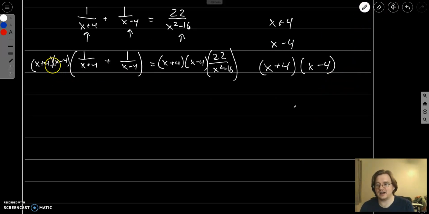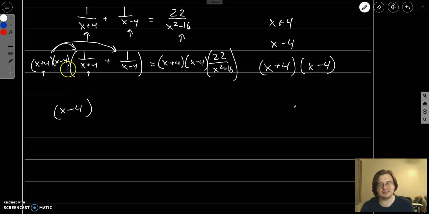So after I distribute, the x plus 4 will cancel on the left for the left one. So this one will cancel with this one, and we're left with x minus 4 times 1.